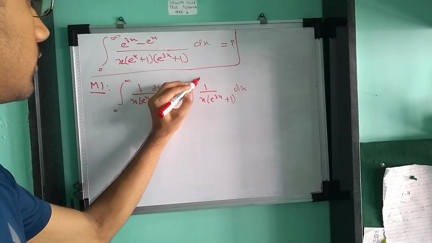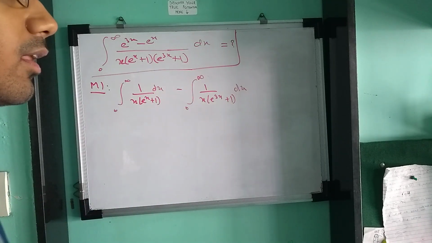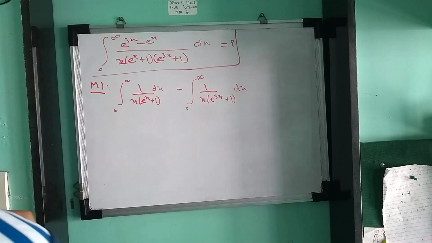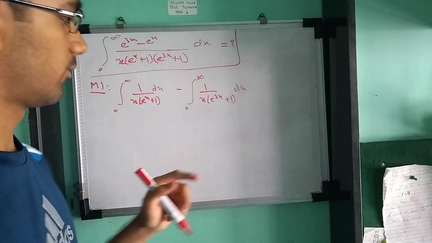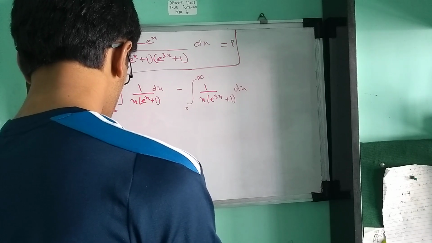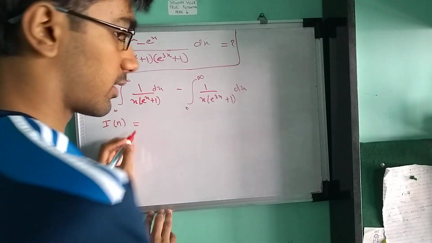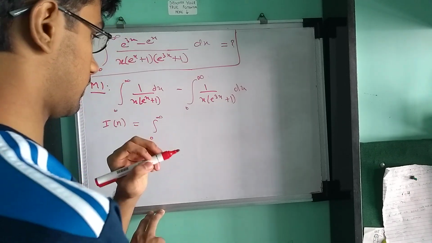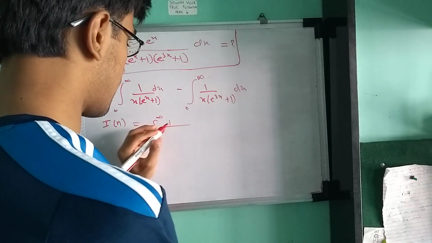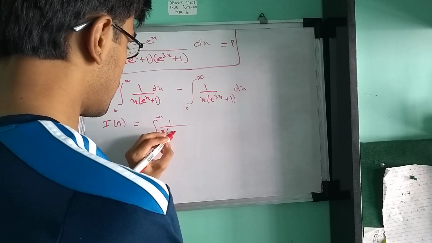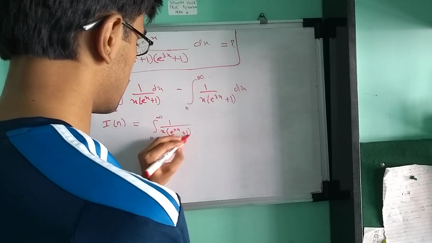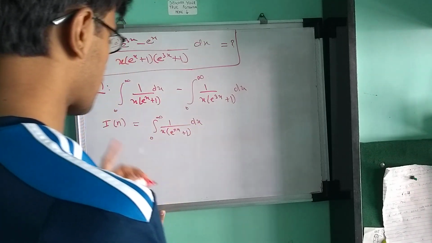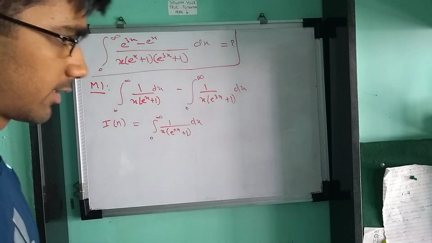Okay, now here's my first method. I define a function I of n such that I of n is equal to the integral from 0 to infinity of 1 by x e to the power nx plus 1 dx. This is what I defined I of n as.